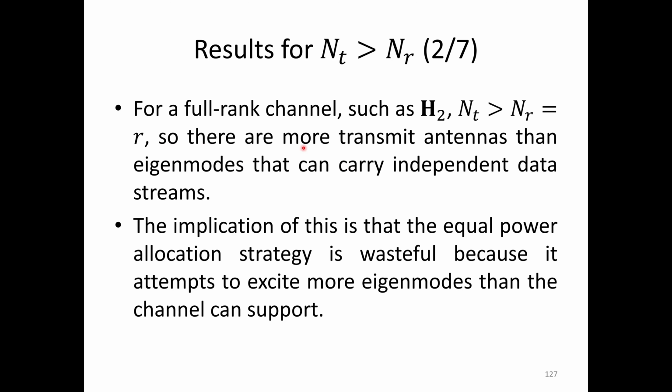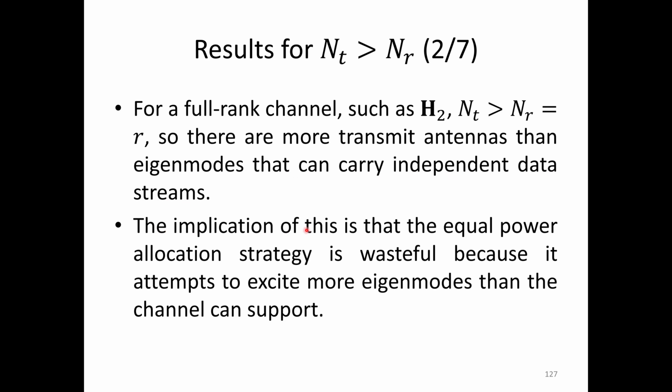So there are more transmit antennas than eigenmodes that can carry independent data streams. There are 4 transmit antennas, and the number of eigenmodes is equal to R, which is equal to 3. So this MIMO system can carry 3 independent data streams.